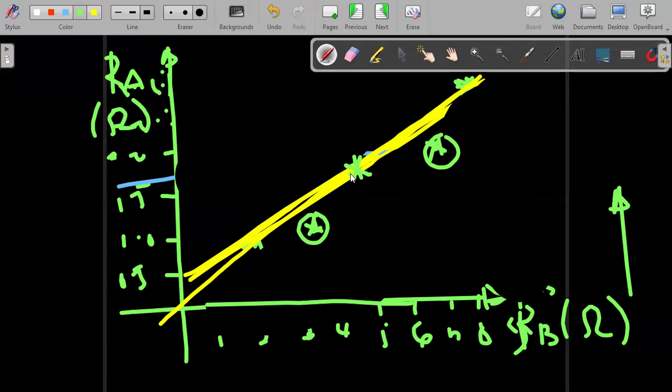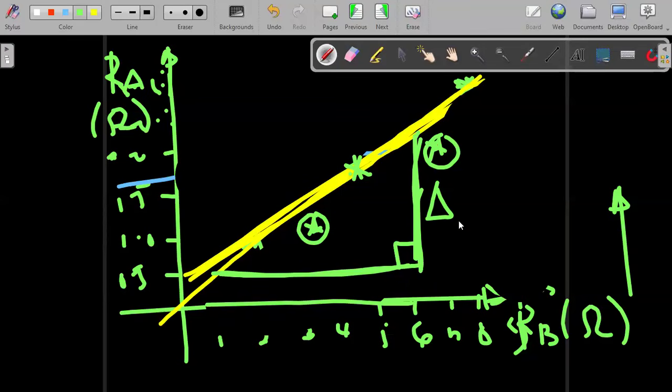How do you draw your slope? At any point within the line you drew, you draw a perfect horizontal line and a perfect vertical line. You can write here delta A, which is the vertical, then delta B, which is the horizontal. Is that clear?